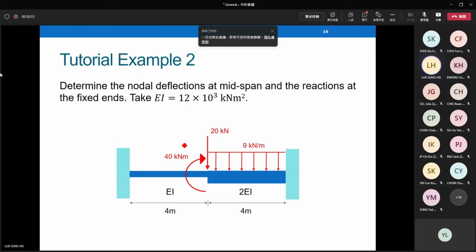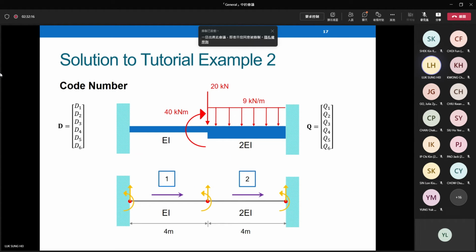So let us have a look at the solution together. One structure. This time you have to split it into two elements, element 1, element 2, 3 nodes. Each node will have 2 degrees of freedom, 1 vertical, 1 rotation.